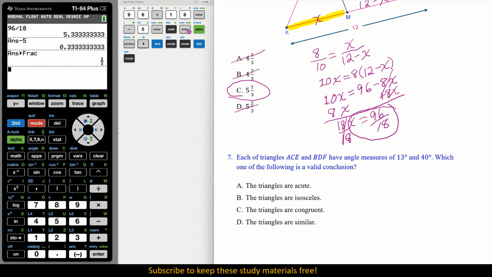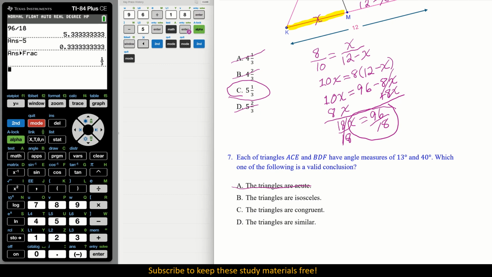Which one of the following is a valid conclusion? So they each have 13 and 40 as angle measures. The triangles are acute? No. That third angle would have to be obtuse. So that's not going to work.